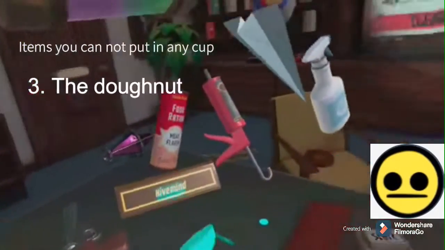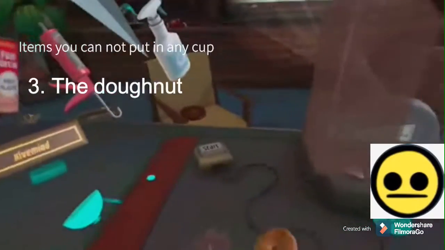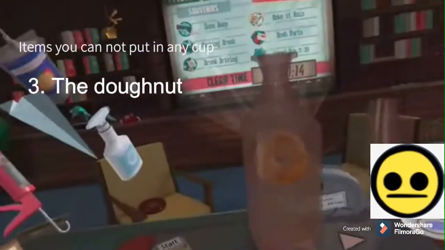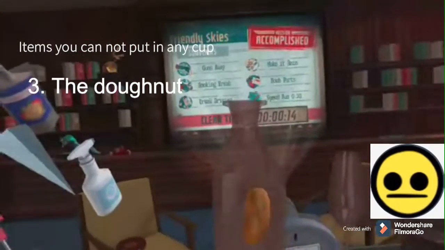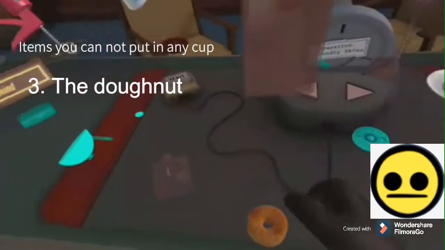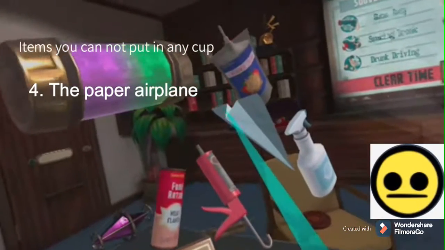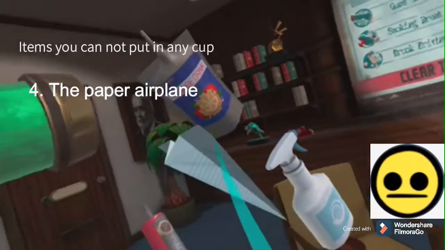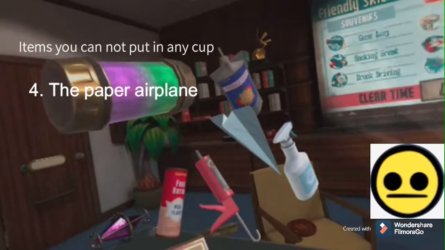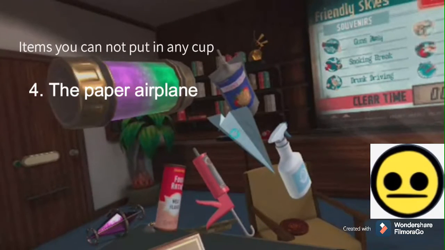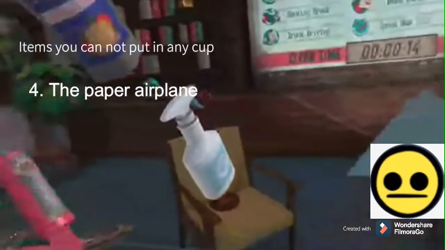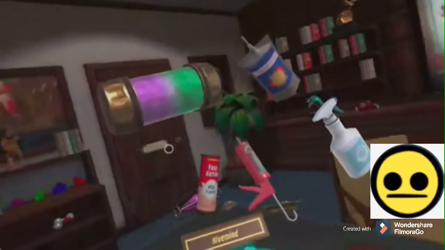The donuts are like both of them, and it's the same reason you can't put it in there. Now, what did I just grab? Oh, it's the book. The paper airplane was a joke also, because you can't put that in. But the rest of these are all interesting.